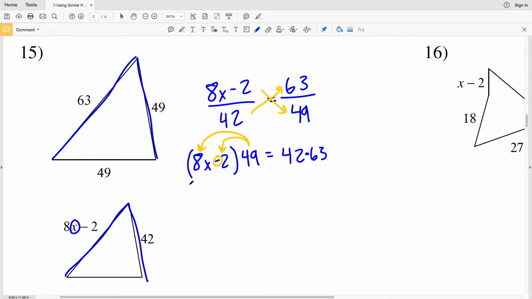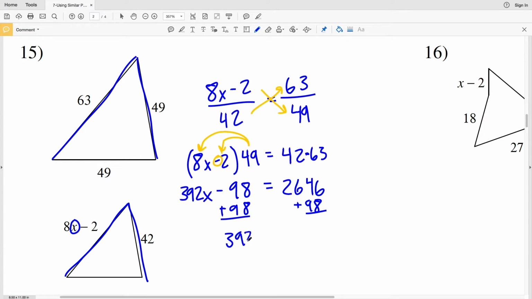8 times 49 equals 392. So 8x times 49 equals 392x, and I'm subtracting 2 times 49, which is 98. And that's going to be equal to 42 times 63, which is 2,646. I'll add 98 to both sides in order to get my term with the x by itself.